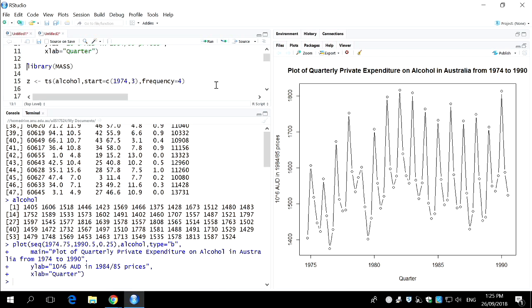Okay? So, this is alcohol sales in Australia measured every quarter between 1975 and 1990. I've joined the dots. The plot's pretty simple. It's just a plot of the time values versus the alcohol values. Type equals B says put both dots and lines between them. Okay? All right.